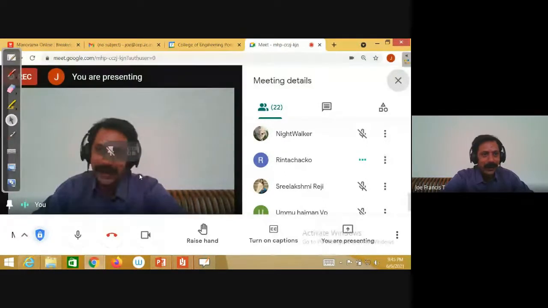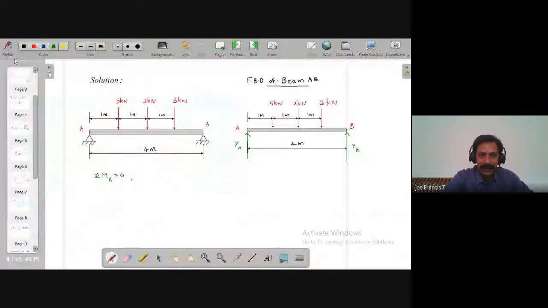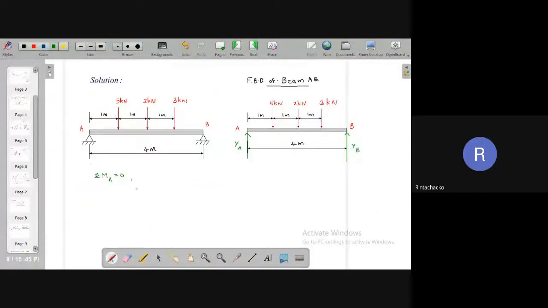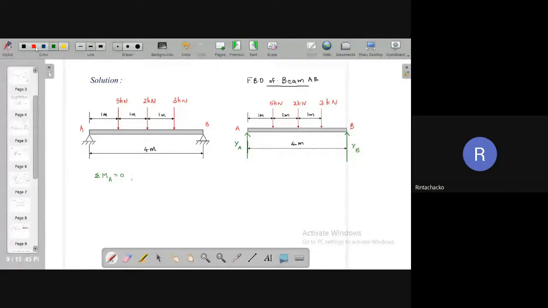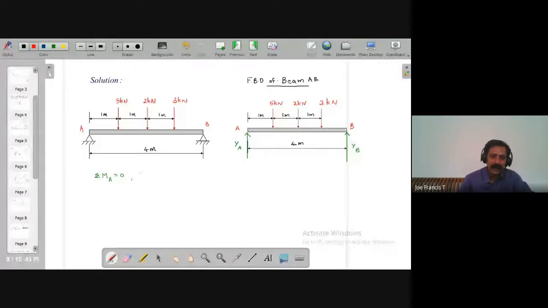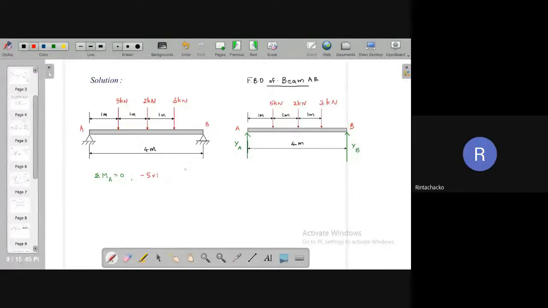Okay, so Rinda, can you tell me this equation? Sigma MA equal to 0. Minus 5 into 1. Right, good. Minus 2 into 2.